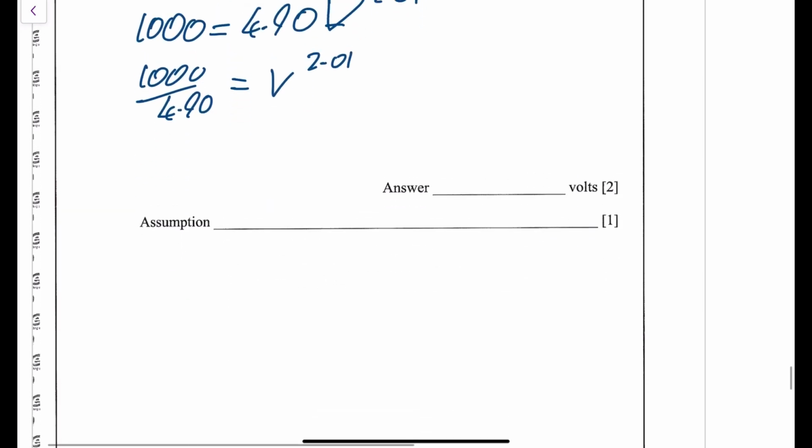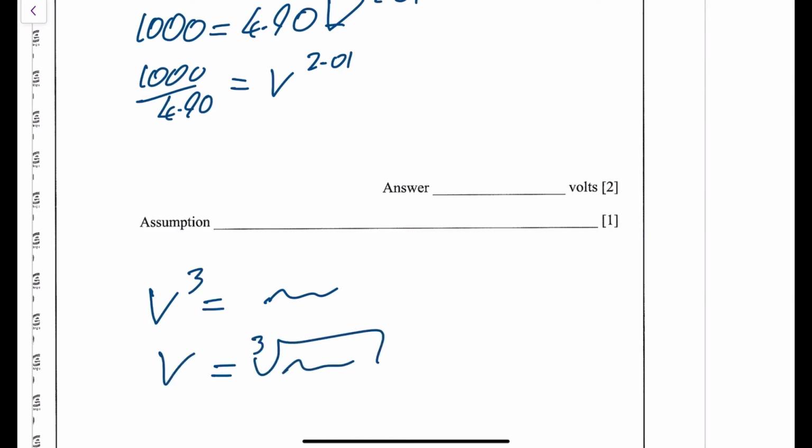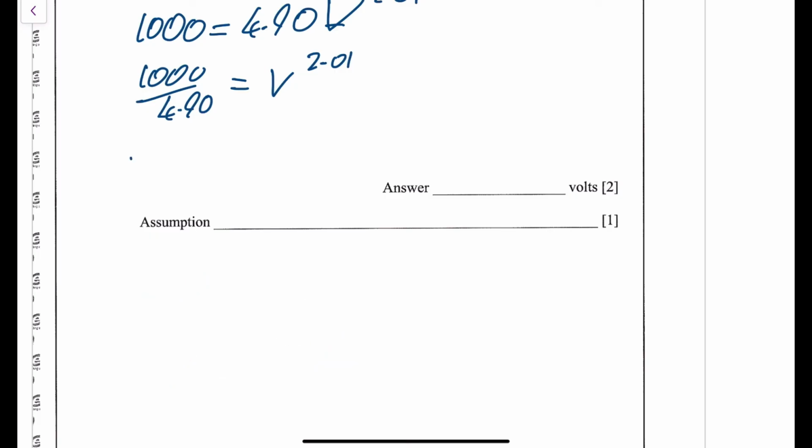And then if you imagine here, this is a wee bit strange, but if you imagine you had V to the power of 3 is equal to some number, you would say V is equal to that number cube rooted. Now you can use this to do the same thing on your calculator. So here we could just say V will be the 2.01 root of 1000 over 4.90.